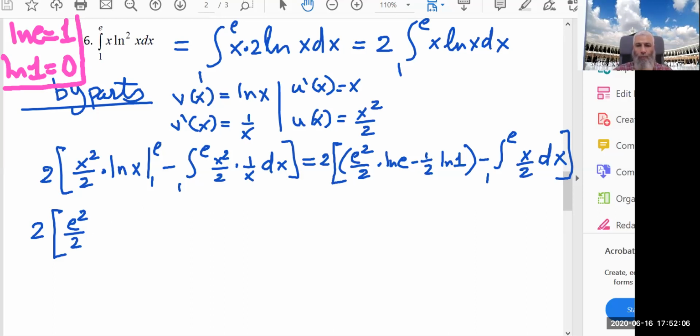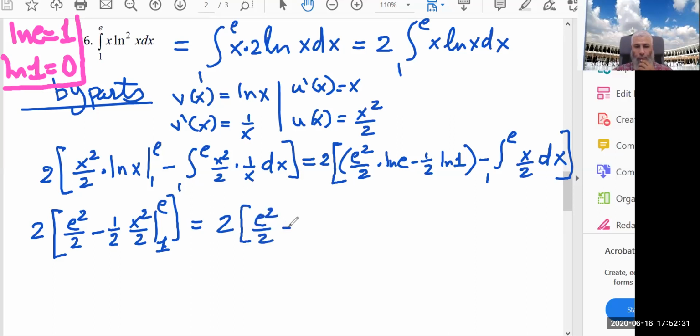So now, minus integration. Integration of this is 1 over 2. Integration of x is what? It is x squared over 2, from 1 to e. So 2 multiply e power 2 over 2 minus 1 over 4 x squared.